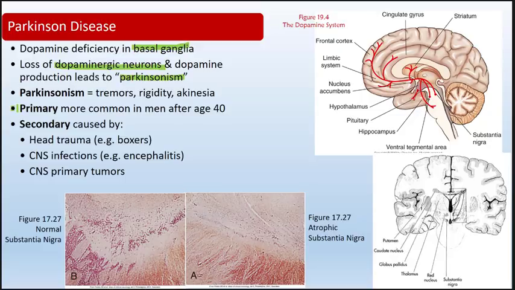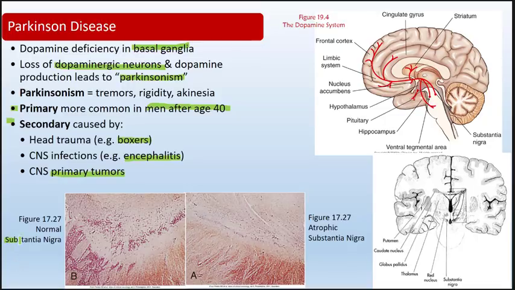And there are two types, primary and secondary Parkinson's disease. Primary is more common in men after the age of 40. Secondary has different causes. Somebody who was a boxer for many years, had multiple head traumas, could suffer from Parkinson's-like disease. Individuals that have encephalitis, or inflammation of the brain, could also suffer from this. And those with primary tumors of the brain affecting certain areas of the brain can also present with Parkinsonism.